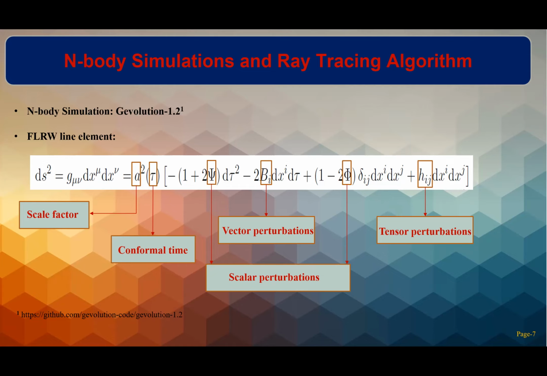Here is the FLRW line element, where a and tau are the scale factor and conformal time respectively. Phi and psi are the scalar perturbations, B_i is the vector perturbations, and h_ij is the tensor perturbations. In this work, we have only considered the two scalar perturbations because these have the maximum effect on light propagation. Our ray tracing algorithm is very general and you can add more perturbations as you wish.